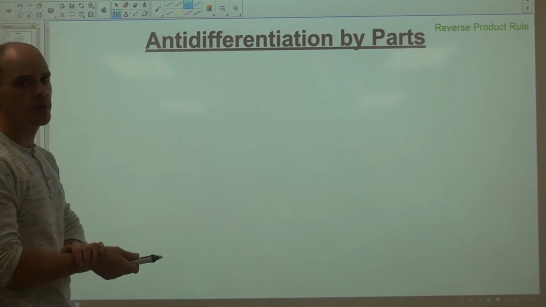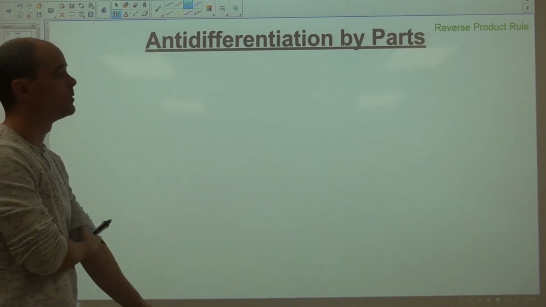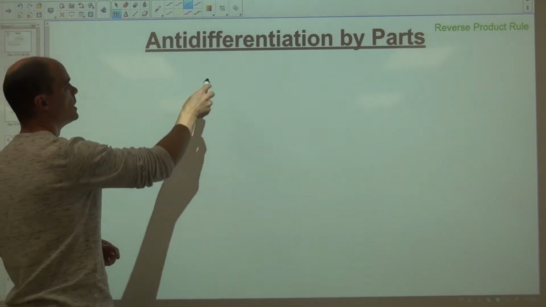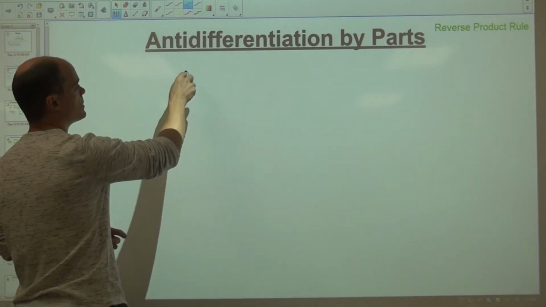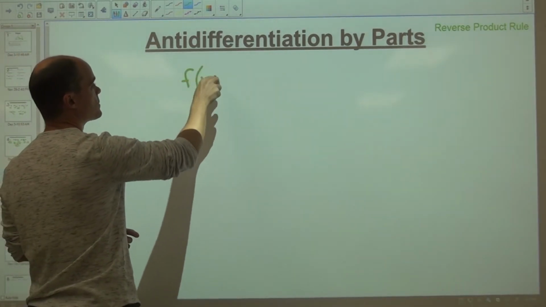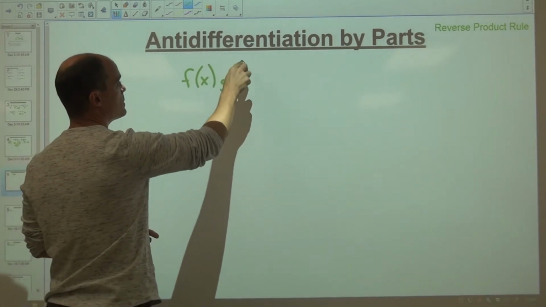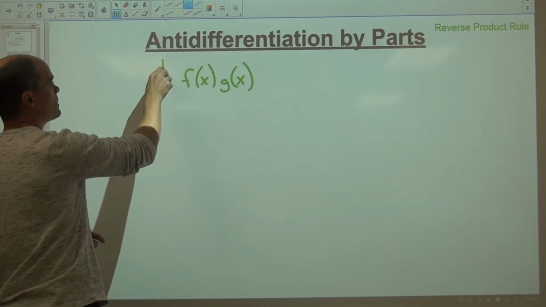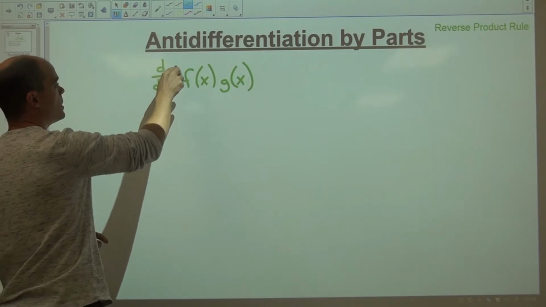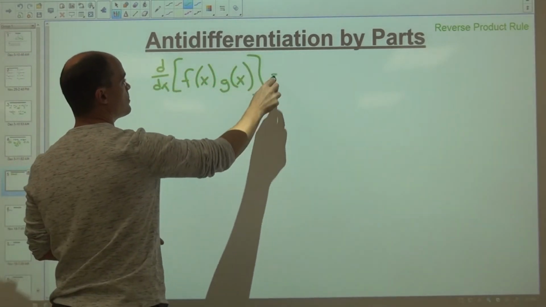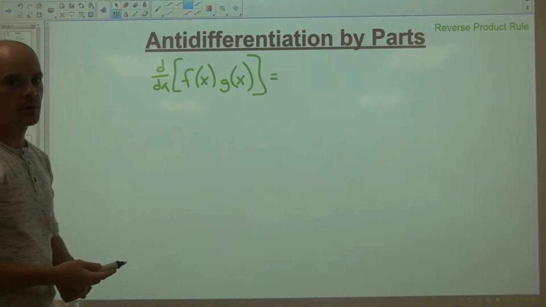So to reverse the product rule, it's important to look at the product rule, right? So let's look at the product rule. Let's say we have a product. Just say f of x times g of x. And we want the derivative of this product. Well, we already know the product rule.